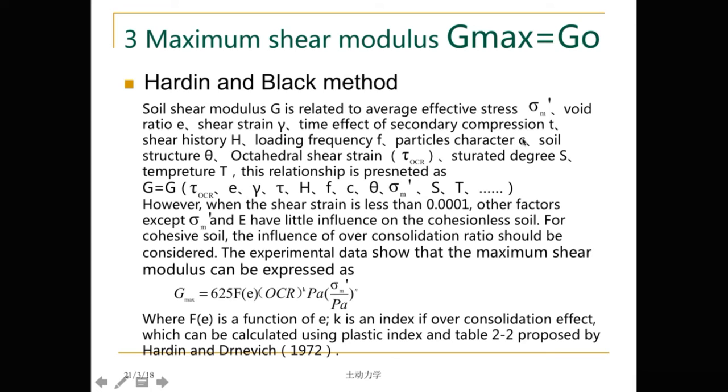Then we use C here. The soil structure theta here. In a certain time, the soil will create some structures. What do structures mean? We know that in the soil there are chemical materials, and over a long time, these chemical materials will create cement between the neighboring particles.